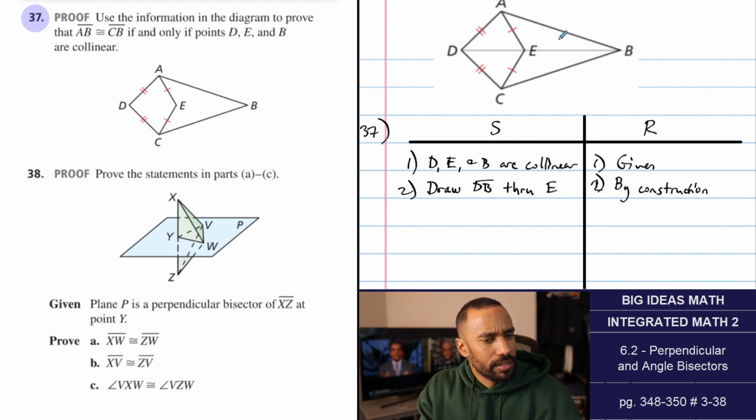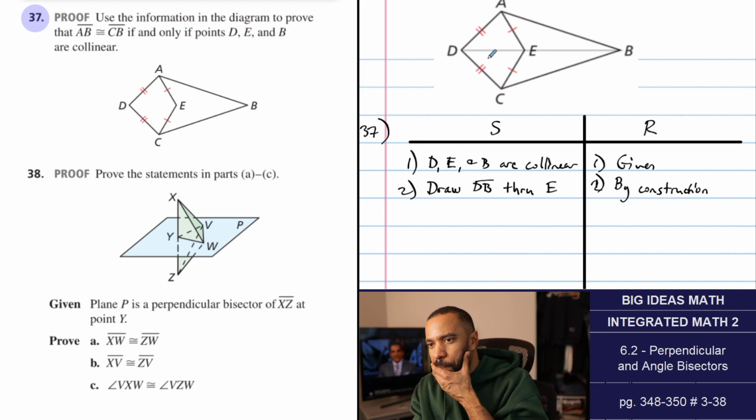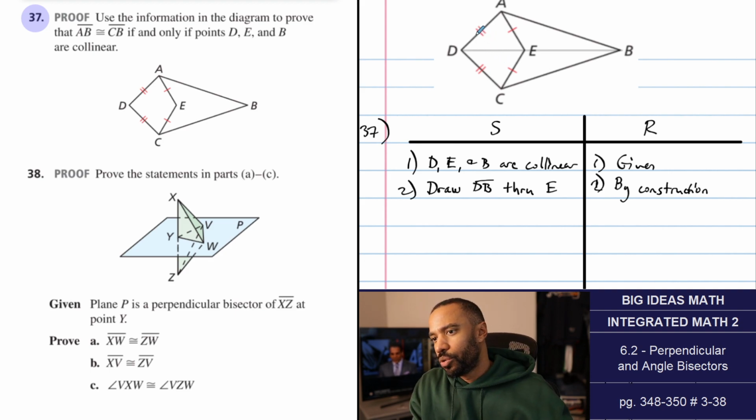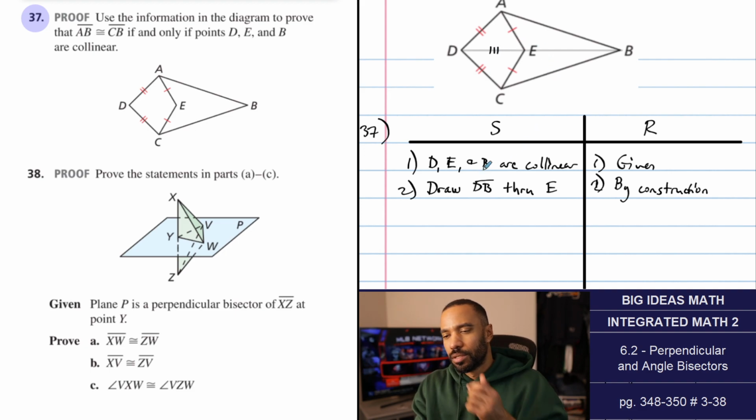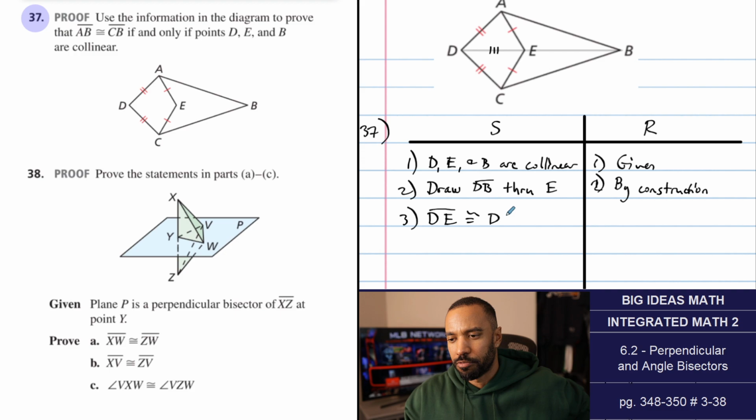I don't know what they want. Okay. I'm going to start with these inner triangles right here, and I'm going to talk about how segment DE is congruent to itself using the reflexive property.